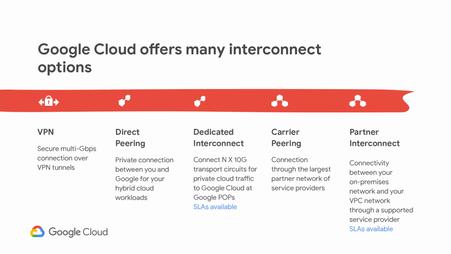Now, when it comes to interconnection between your actual network and Google Cloud, if you need maybe a secure channel between your office and your network or something like that, then you might be interested in using the VPN.